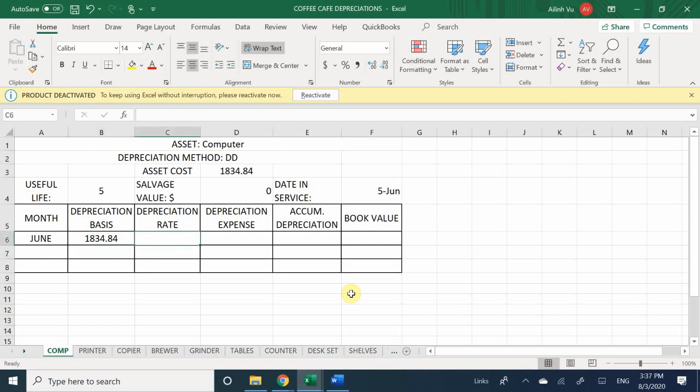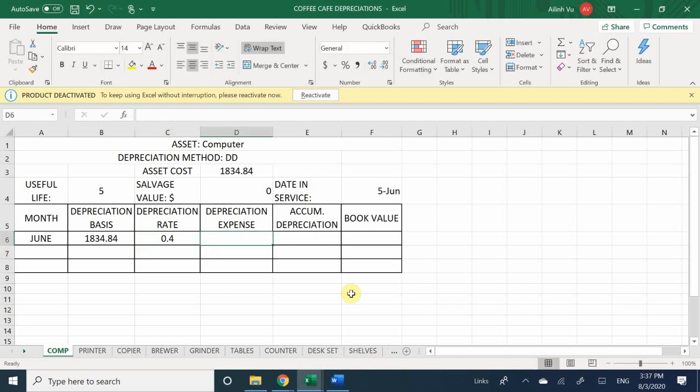Good. What's the depreciation rate? 1 divided by 5 times 2 will be 0.4.